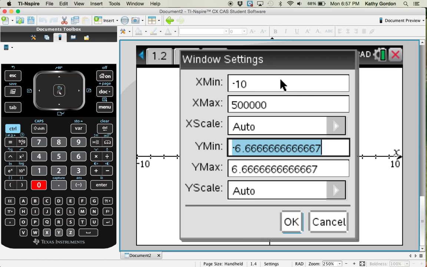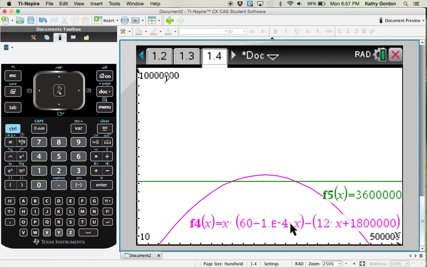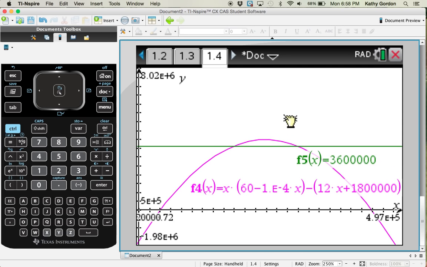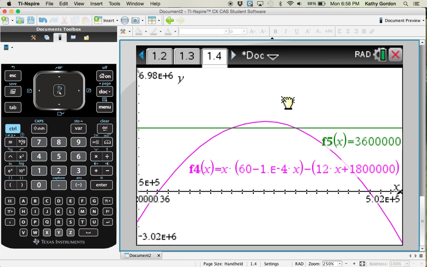And for Y, we're going to go from, let's say negative 100 again, up to, what did we say, 100,000? Let's see, no, we said 10 million, right? There we go. Those are the numbers we used. All right, so I have plenty of space here, so I'm going to move things up a little bit.